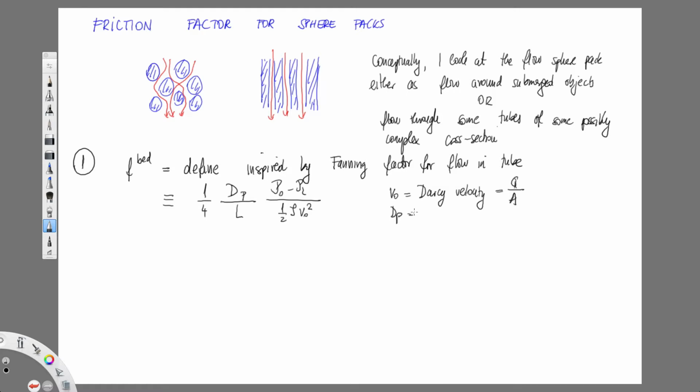And dP is particle diameter. So again, I replaced tube parameters with something similar for a sphere pack.